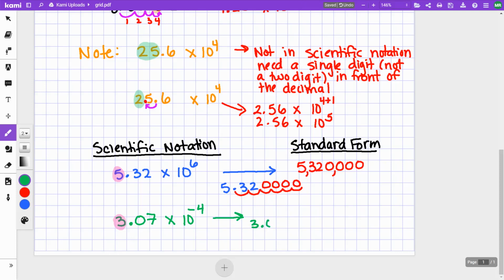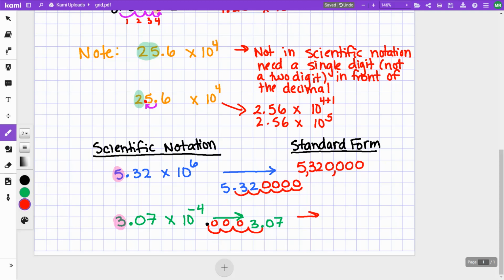So 3.07, and I'm going to move this decimal 4 places. So I'm going to move it this direction 1 place. Have to add a 0, so that's 2. Have to add another 0, 3. Have to add another 0, 4. And then that's where my decimal will go.